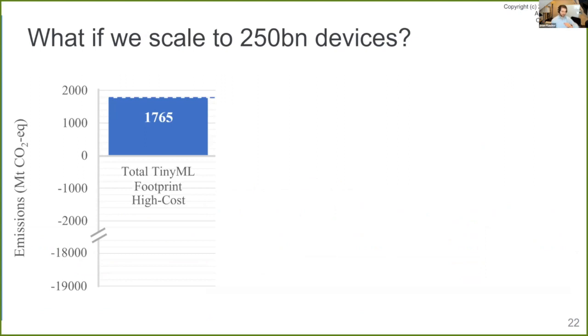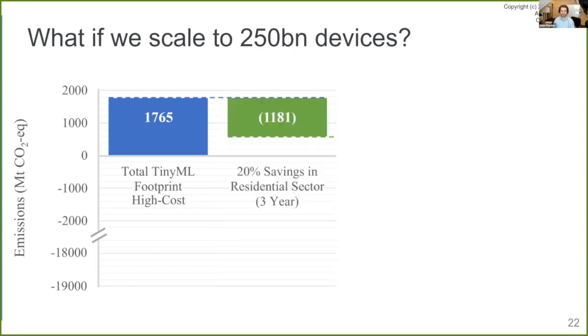But if we go back to the positive, there was that 20 to 40% improvement in building emissions that you can get from smart devices. Let's assume we're all on the low end. So again, let's take a conservative assumption and say we're only going to hit that 20% improvement. And let's say we can do that with these 250 billion TinyML devices. We can hit that 20% improvement for the building sector in general.